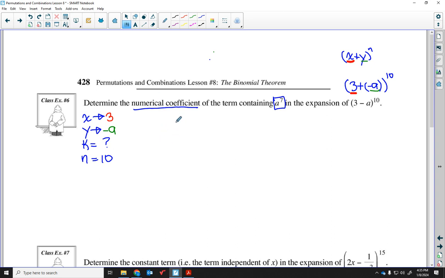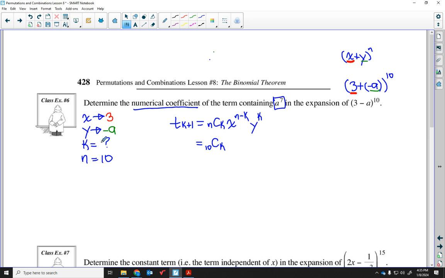So my binomial theorem again is t sub k plus 1 is equal to n choose k, x to the power of n minus k, y to the power of k. Again, I don't know what k is. There's not much I can do on the left-hand side right now. Okay, I can sub in 10 choose k.